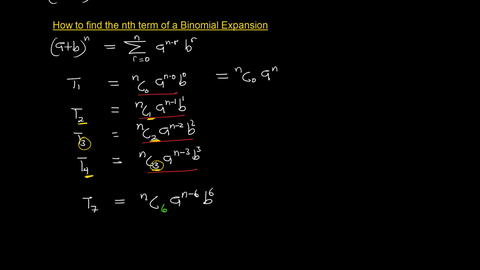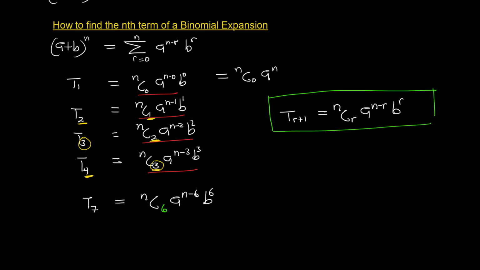So in general, the r plus 1 term will be given by nCr a to the n minus r, b to the r. This formula will give us the r plus 1 term in a binomial expansion.